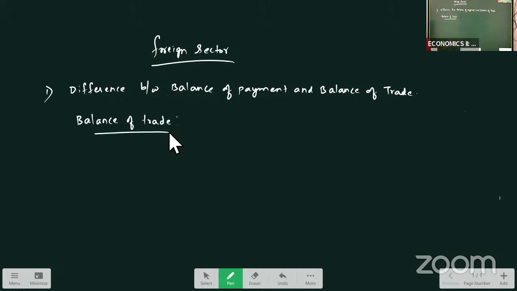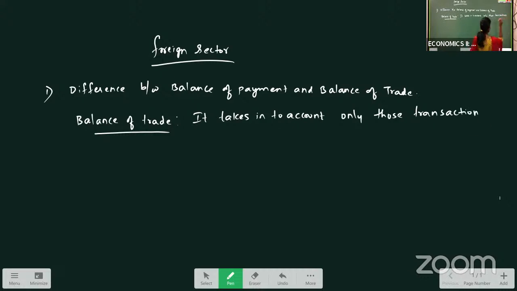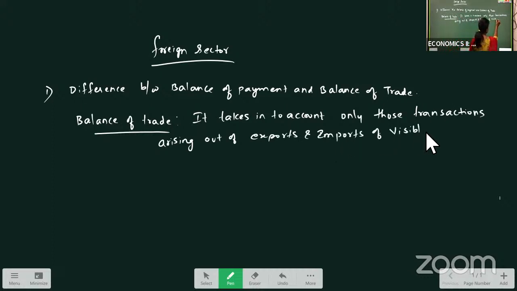Balance of trade is the statement which takes into account only those transactions arising out of exports and imports of visible items.